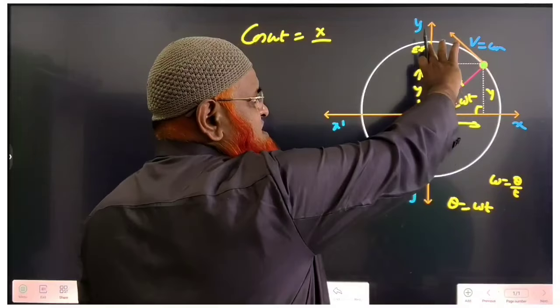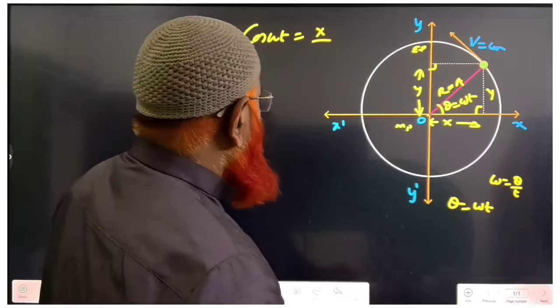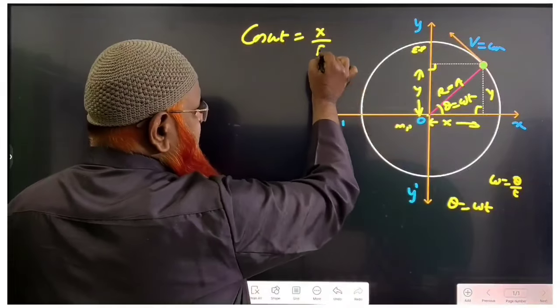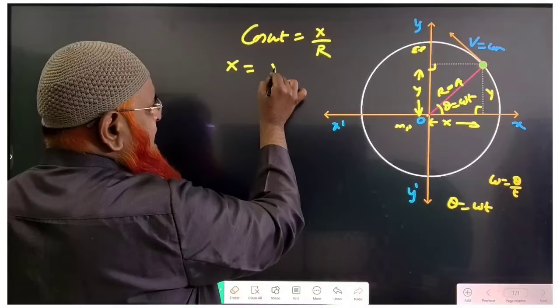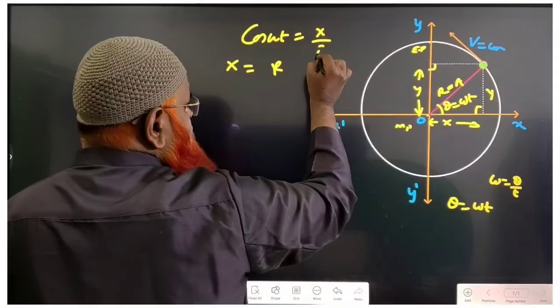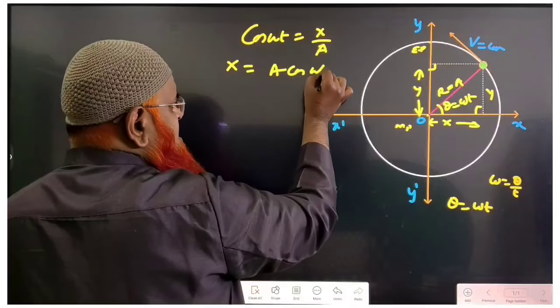So therefore, this can be taken as radius and it is also going to be an amplitude here. So cos omega t is nothing but adjacent side by hypotenuse. So here, x can be taken as r, and r can also be taken as A here. So it can also be taken as x is equal to A cos omega t.